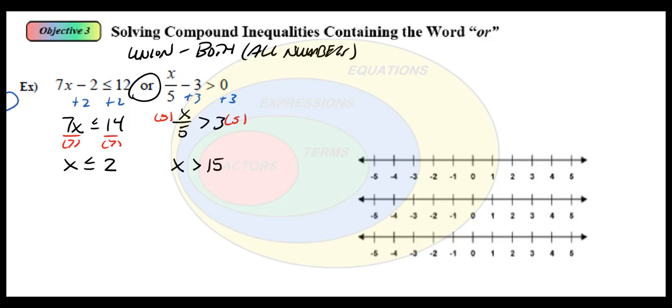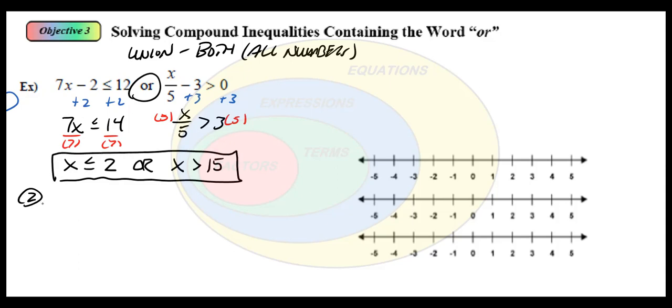Okay, so now here's our two inequalities, and we're looking at an OR, which is a union between them. So again, the second step is I'm going to compare or graph on adjacent number lines. So compare graphs of solutions of both, right, on adjacent number lines.